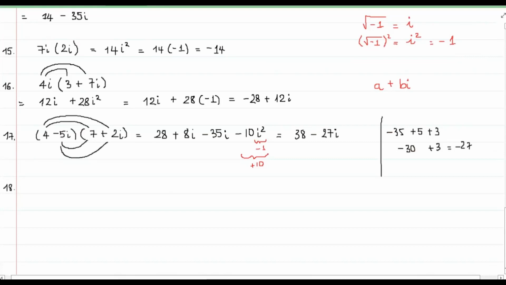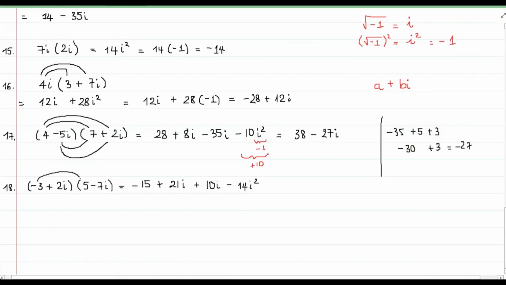Okay, 18. Negative 3 plus 2i times 5 minus 7i equals minus 15 plus 21i plus 10i minus 14i squared. Okay, how do we get that?